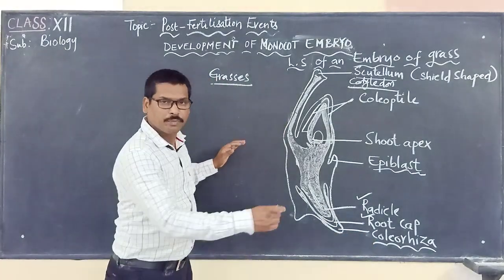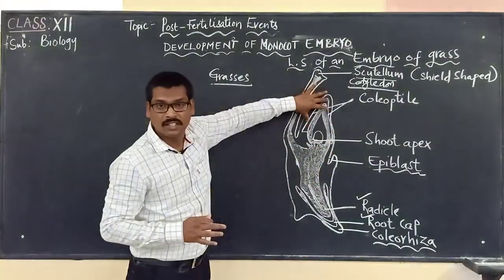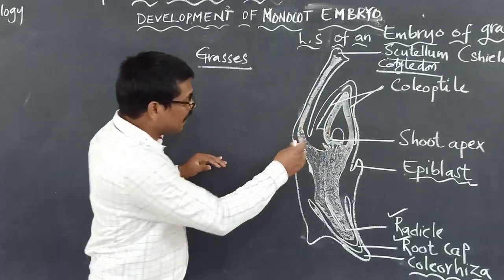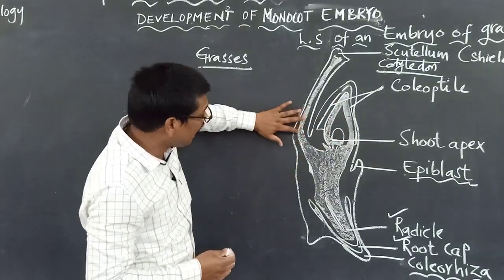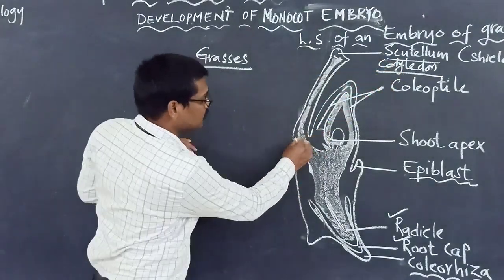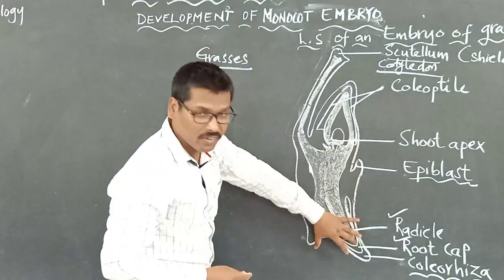Next, the portion of the embryonal axis that is attached above the scutellum is called the epicotyl.